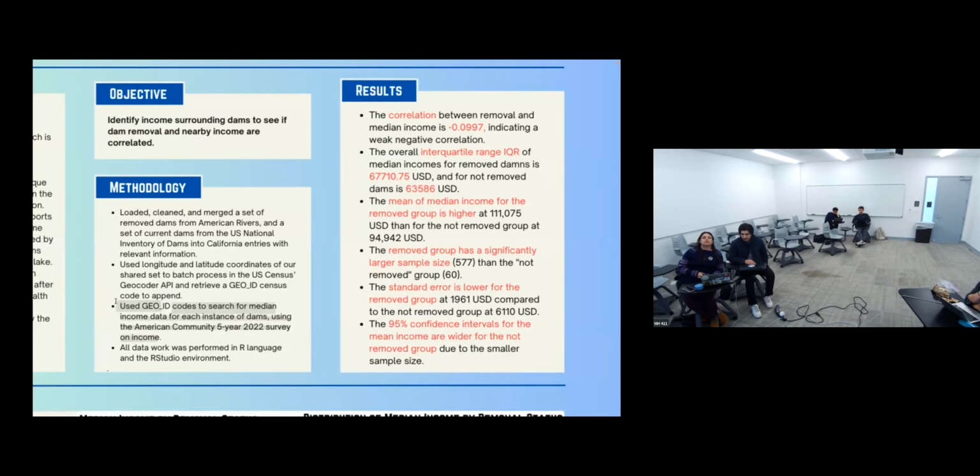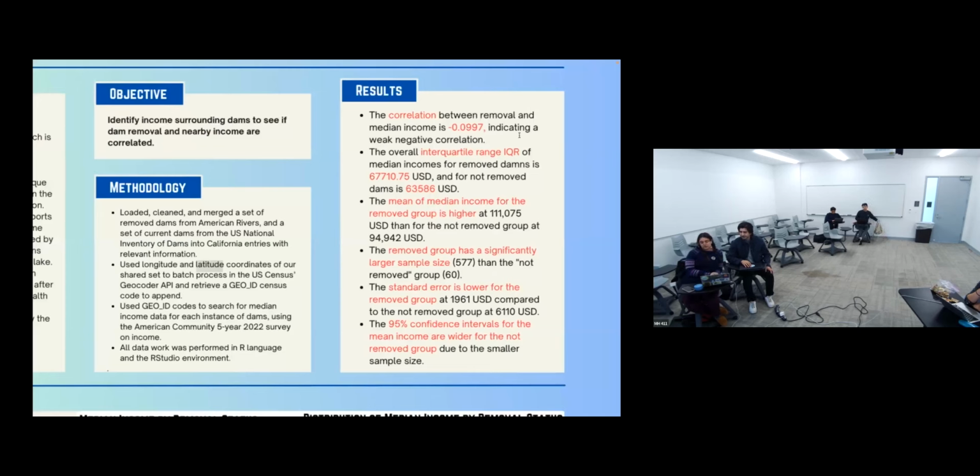We ended up using the US National Inventory of Dams and the American Community Survey 5-year 2022 data on income. Then we went on R and did some analysis. And you want to tell them about the results?